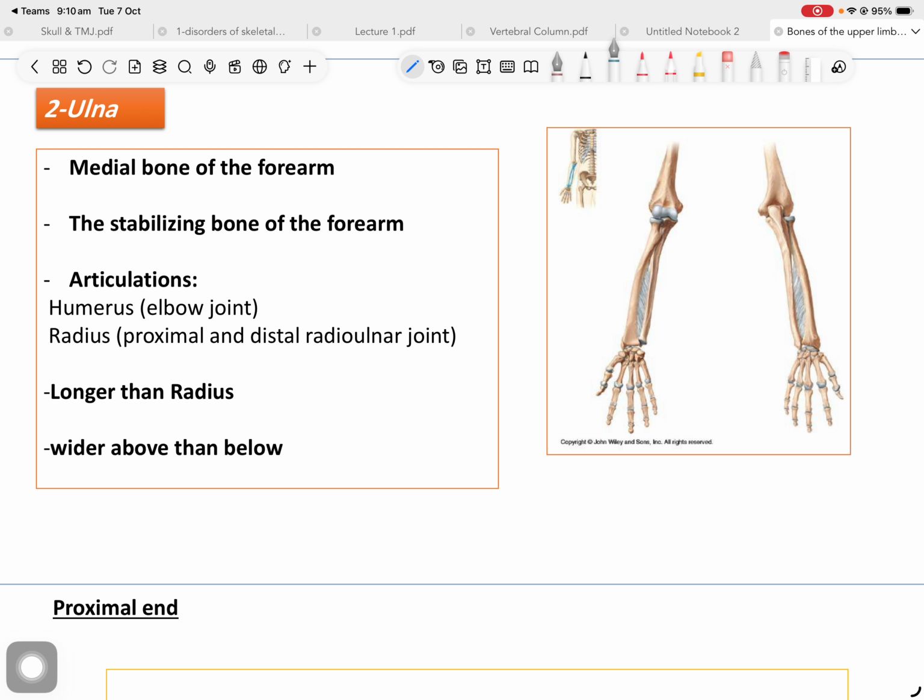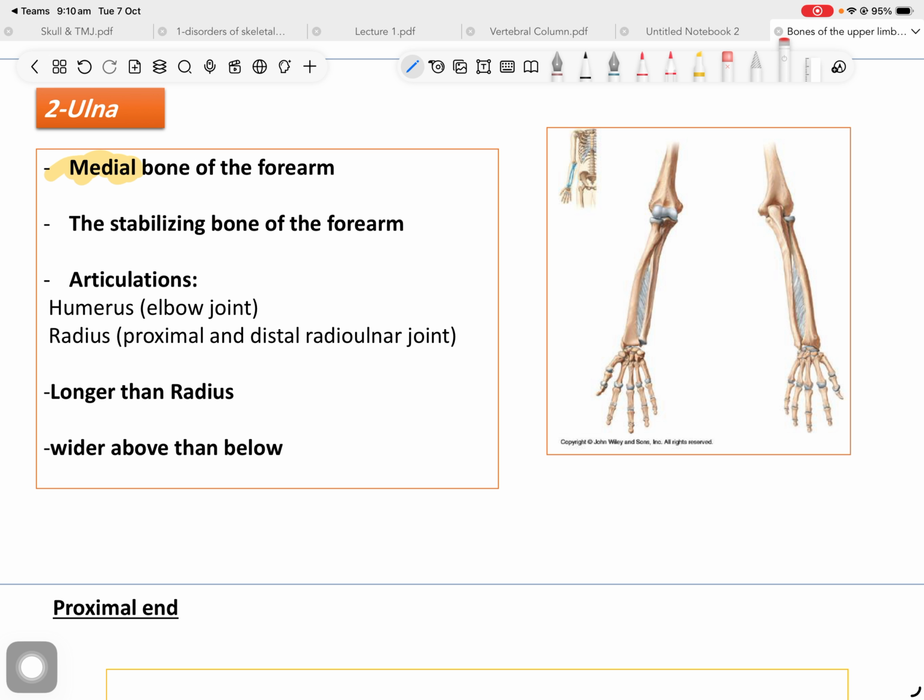Okay. Now the second bone in the forearm, we have the ulna. We said the ulna is longer and it is located medially. So it is the medial bone of the forearm. Is it a long bone? Yes, because it has two ends and a shaft. I call this end the proximal end, this is the distal end, and this is the shaft, okay?